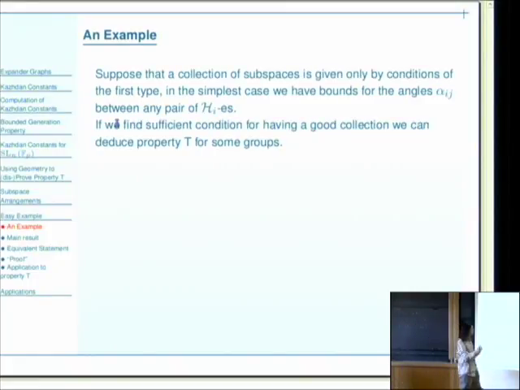So if we can find a sufficient condition for this correction to be good, then this implies that we can get property T for some groups. And this is going to be a very big class of groups, because any group which is generated by a bunch of finite subgroups such that any two of them generate something reasonably nice is going to have property T.